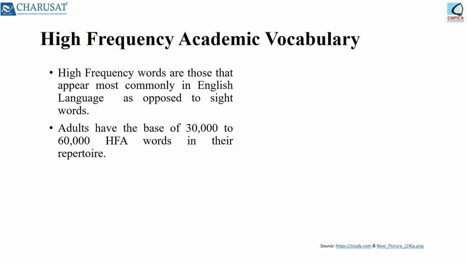So they have the base. These are the words with the highest frequency, only because all of the adults around who are using this academic language have a basic repertoire of 30,000 to 60,000 words, and therefore they are repeated again and again, at multiple times.